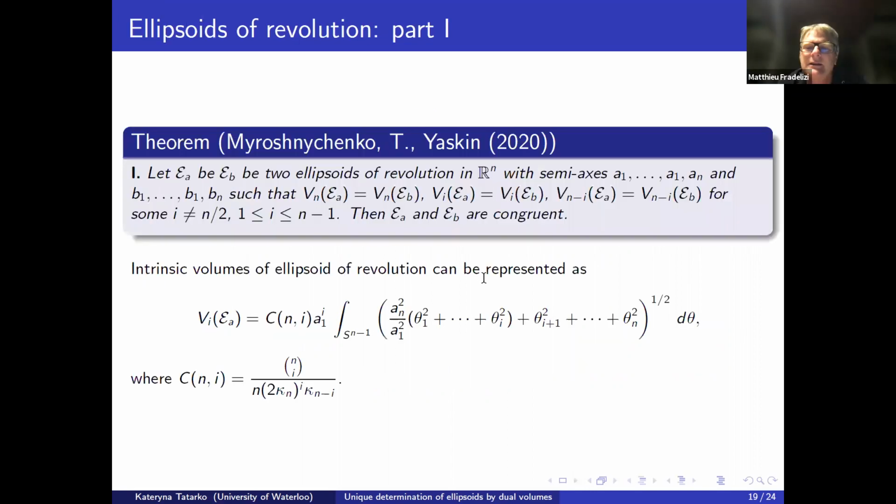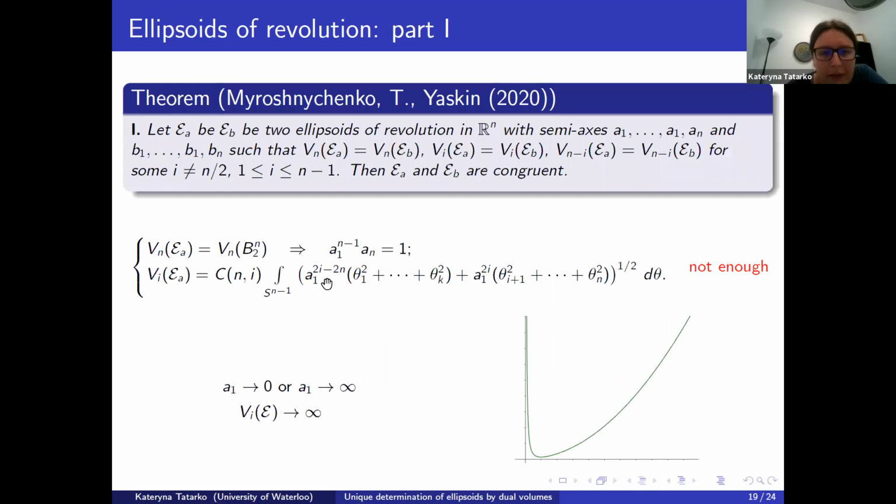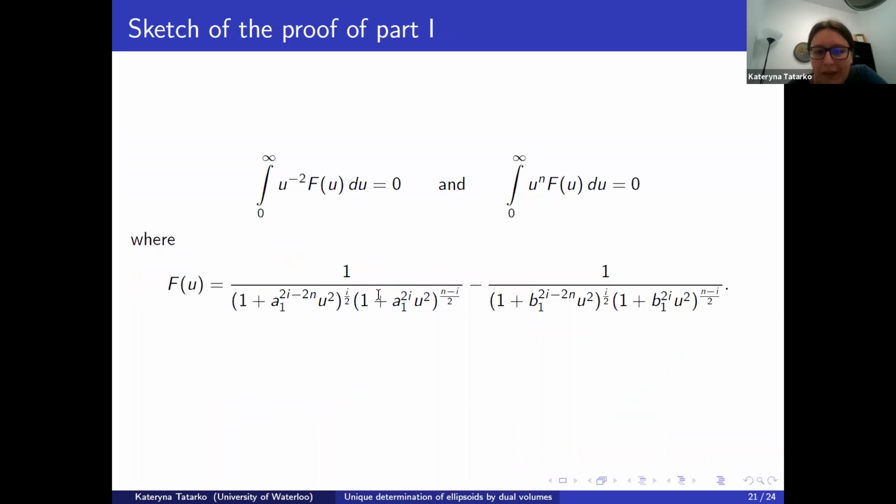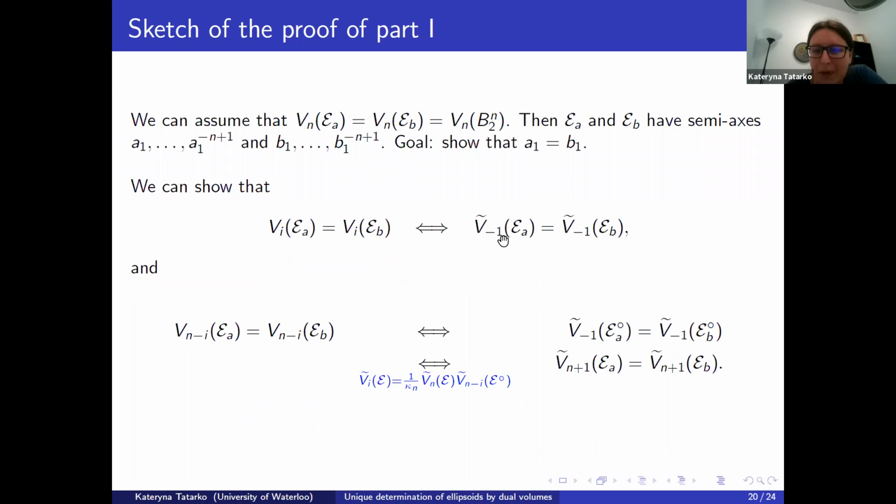it relies basically on this formula. So in fact, it's even in this form. Assuming that I have equality of volumes, I can write the i-th intrinsic volume in the following way, but then this one will just be equal to the minus first dual volume.